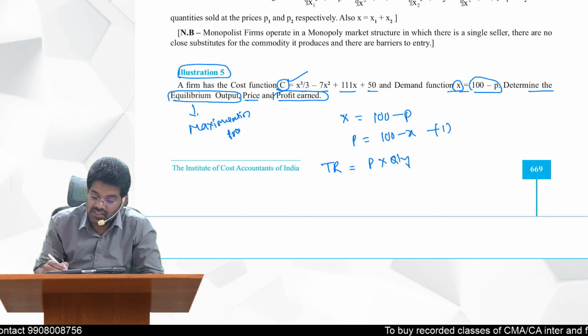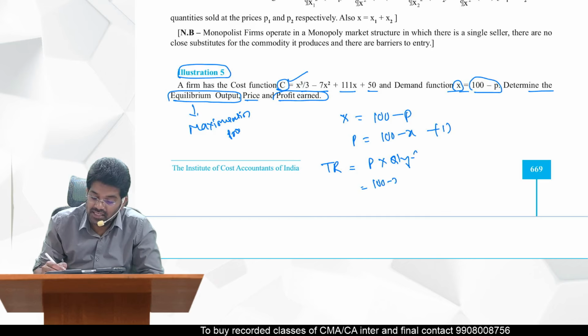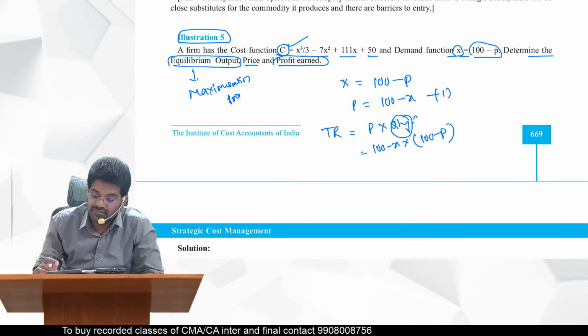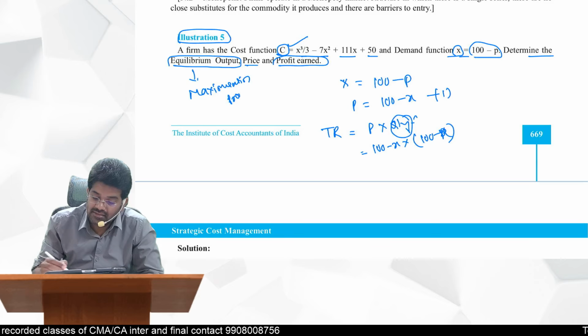So price, substitute now, quantity function already given, nothing but x. So p is 100 minus x, and quantity is this only, 100 minus p. So 100 minus x, I am substituting.